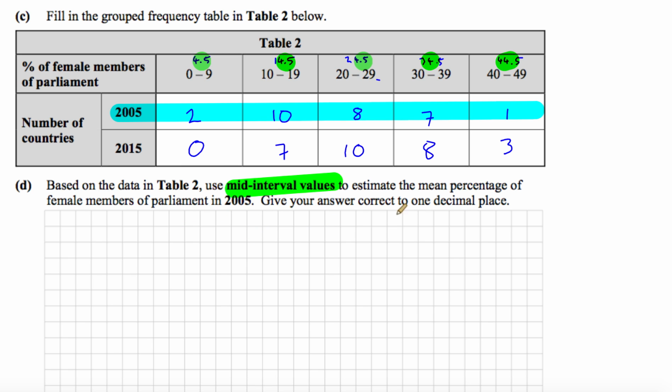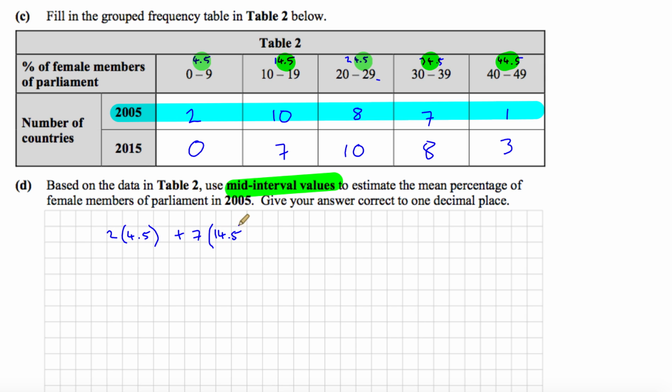So when we're estimating the mean percentage, as soon as we use a mid-interval value, we're estimating. So for 2005, there was 2 countries in this group. So to find the mean, we're going to multiply 2 by 4.5, and we're going to add to that 7 times 14.5.